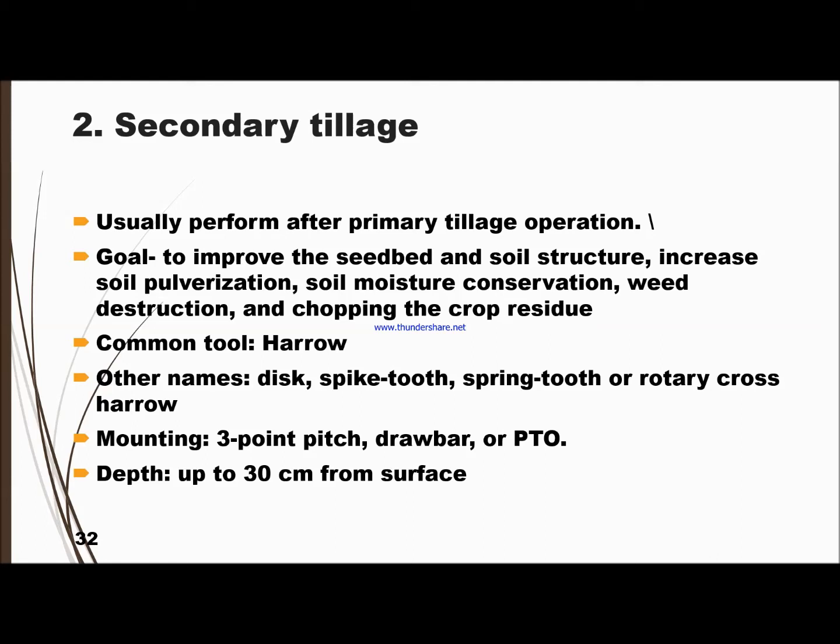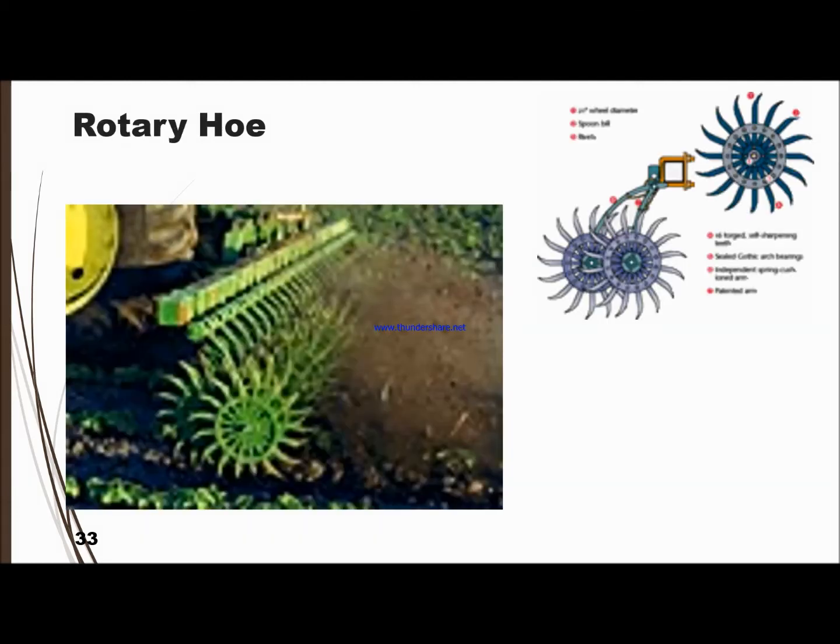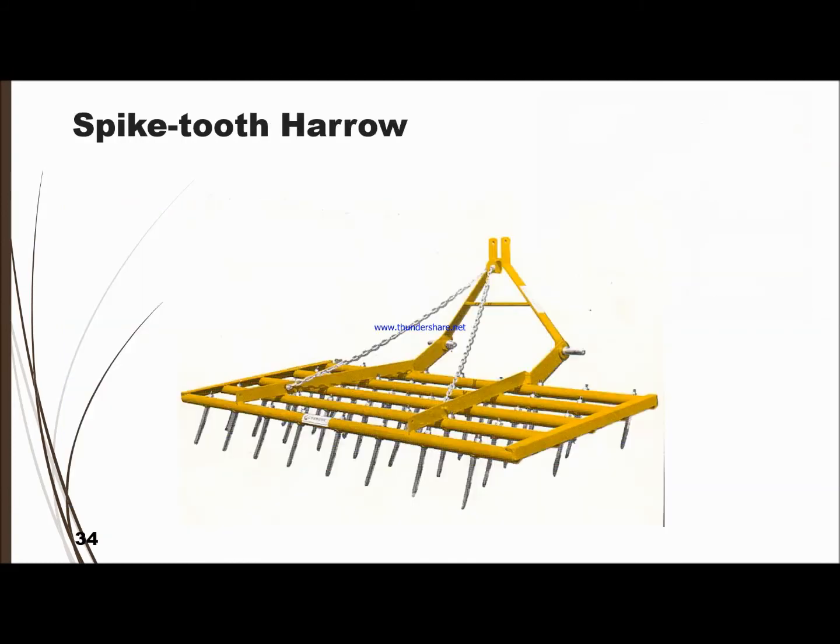The common tool is the harrow, other than this spike tooth, spring tooth or rotary cross harrow, or you could also add the name rotavator, rotary tiller. The mounting is 3-point linkage, 3-point hitch, drawbar or PTO, and the depth is up to 30 cm from the surface. This is an example of a rotary hoe for the second tillage operation.